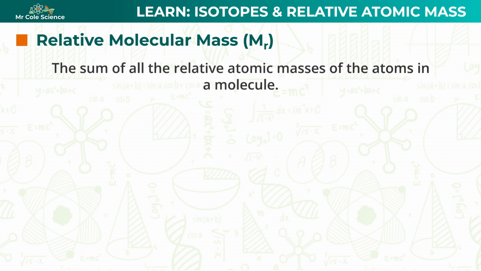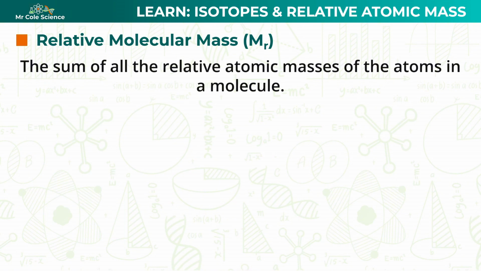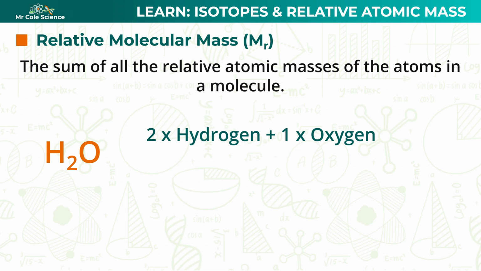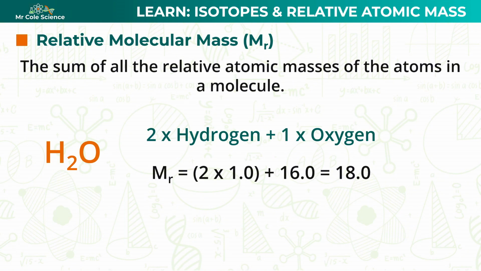The relative molecular mass, often written as MR, is the sum of all the relative atomic masses of the atoms in a molecule. For example, in a molecule of water, H2O, there are 2 hydrogens and 1 oxygen. Each hydrogen has a relative atomic mass of 1, and oxygen is 16. So the relative molecular mass of water is 2 times 1 plus 16, which gives us 18.